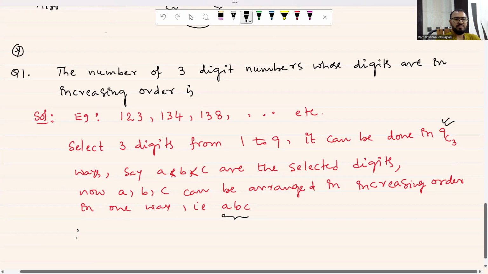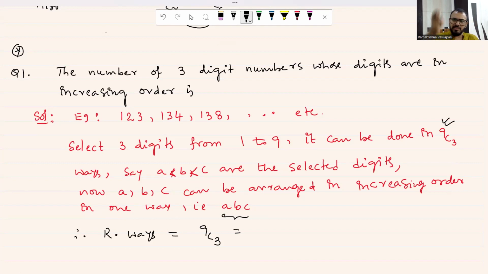So therefore, required ways equal to 9C3. Once again, I am explaining: whenever you select 3 digits from 1 to 9, you can arrange them in increasing order in only one way. If you select 1, 3, 5, the required number is only 135.